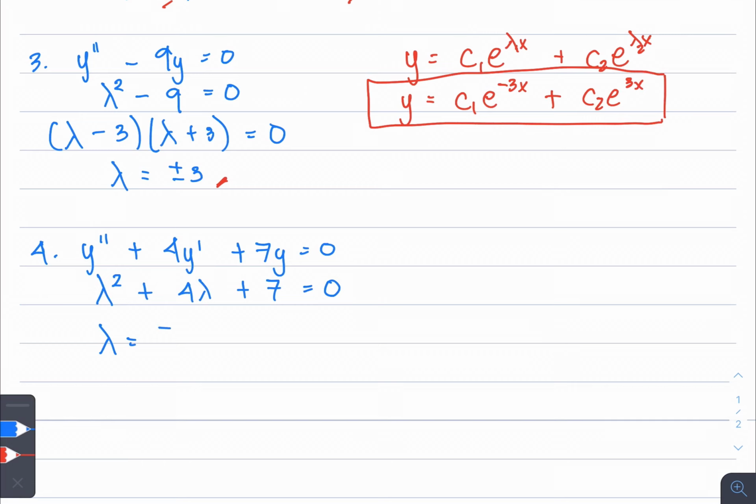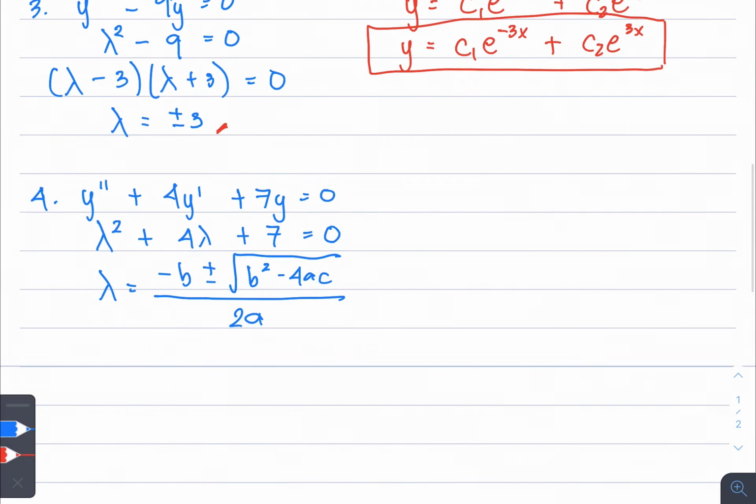So that is negative b plus minus square root of b squared minus 4ac over 2a. Okay, so we can substitute. If you solve this, you will get negative 2 plus minus square root of 3i. So the roots are negative 2 plus minus square root of 3i.